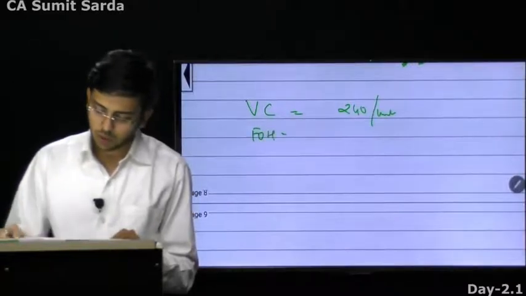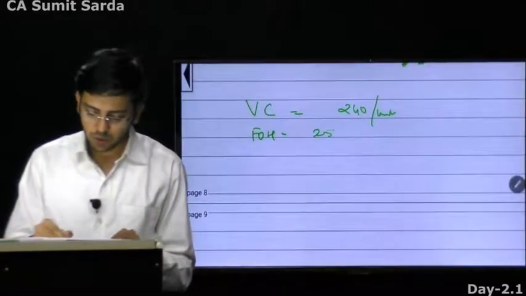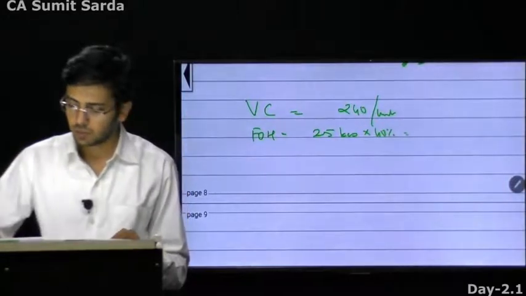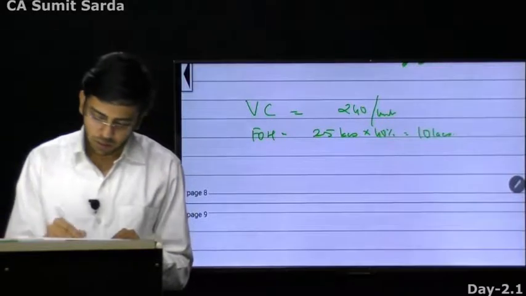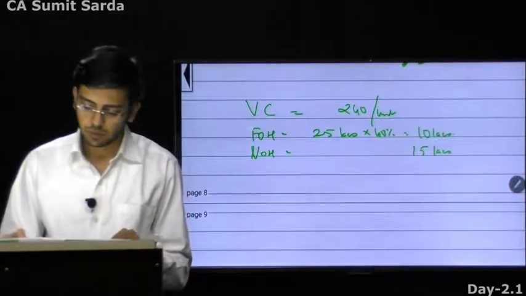We have a fixed overhead which is 25 lakh into 40%, that makes it 10 lakhs. The remaining amount will be variable overheads, 15 lakhs.